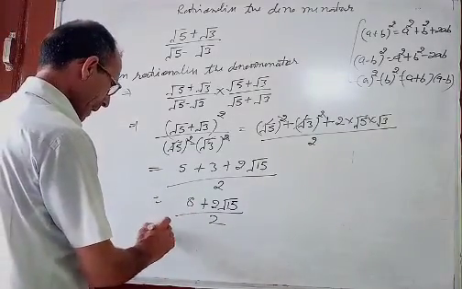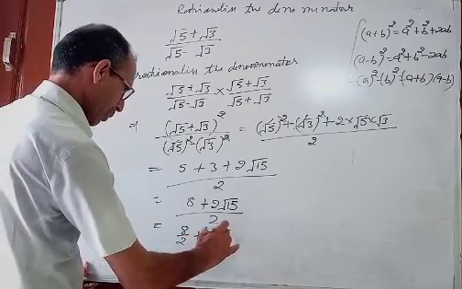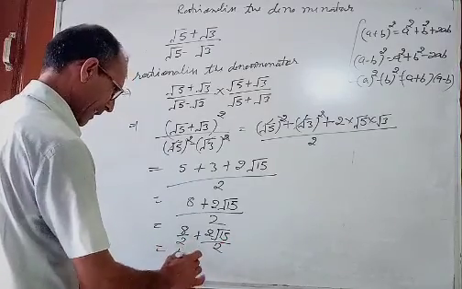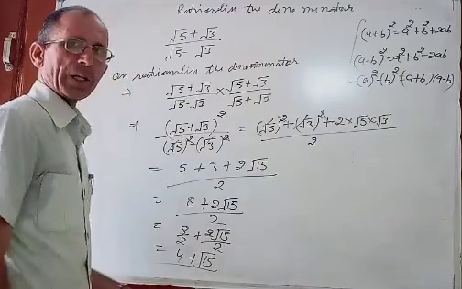So you can write them separately: 8 by 2 plus 2 root 15 by 2. The 2 cancels, so 4 plus root 15.